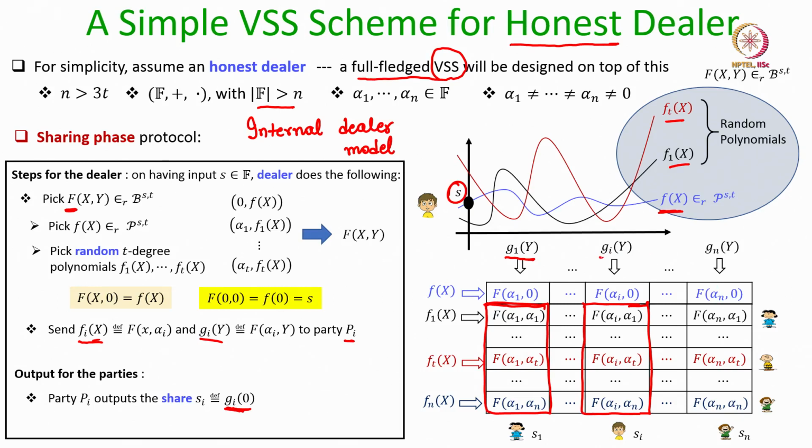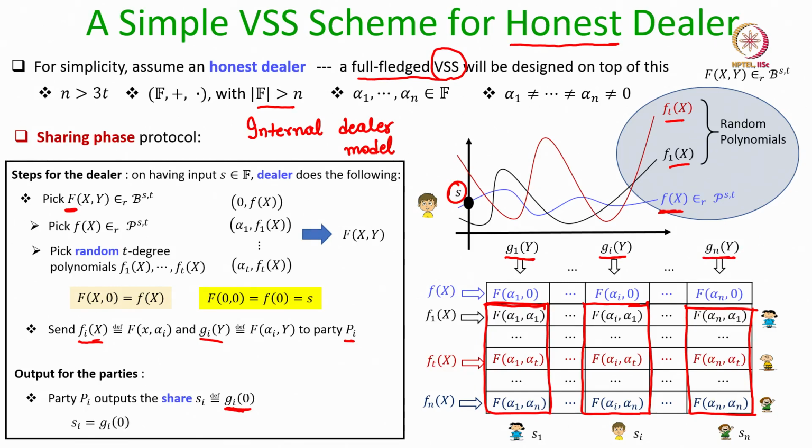These points are nothing but the points on gi(y), and if it evaluates at y equal to 0, it will get its share. In the same way, the nth party will get this highlighted column from the dealer. These are nothing but the points on the column polynomial gn(y), and when evaluated at y equal to 0 will give the share sn.